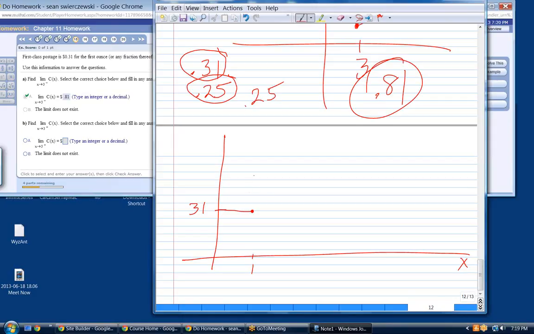In other words, here's what this function looks like. For anything above 1 ounce, it's 56 cents charge. For anything between 2 and 3 ounces, it's 81 cents charged.